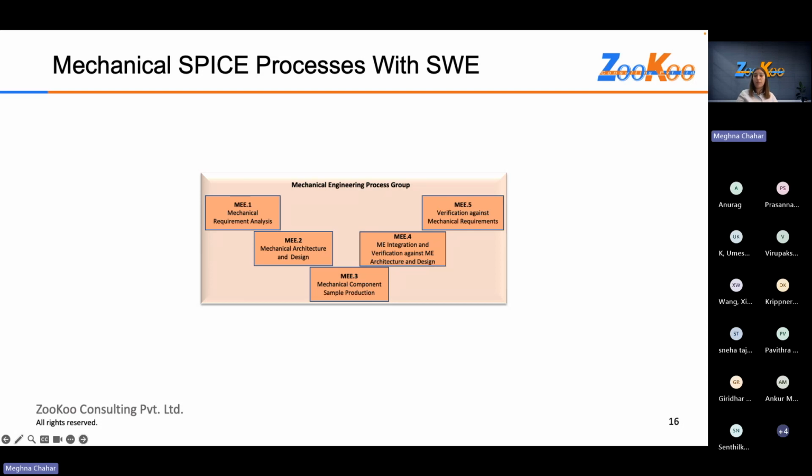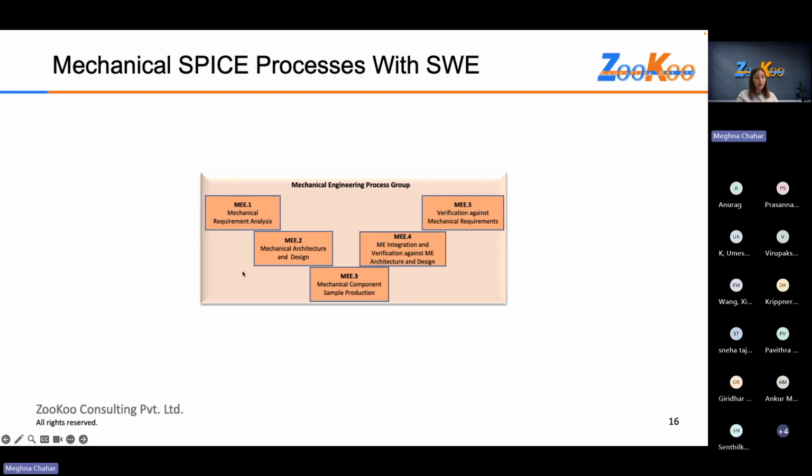In terms of mechanics, it does look a little different, and that's why we try to compare them a little bit, so that the assessors, above all, get a better understanding of how these processes are divided.